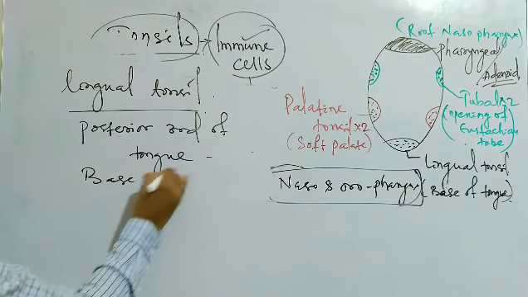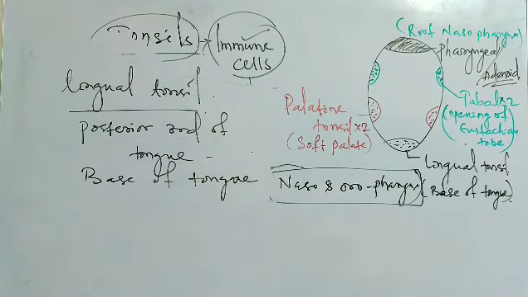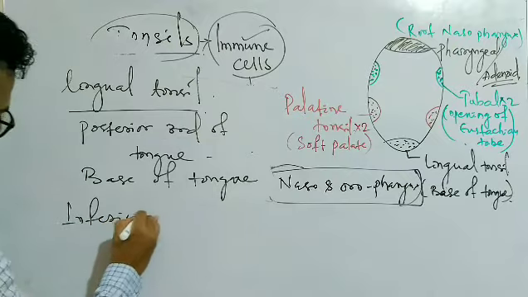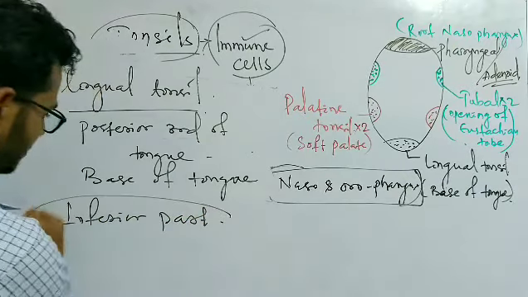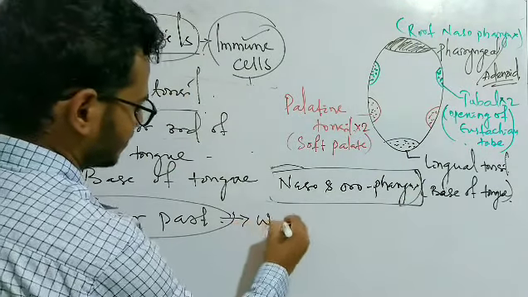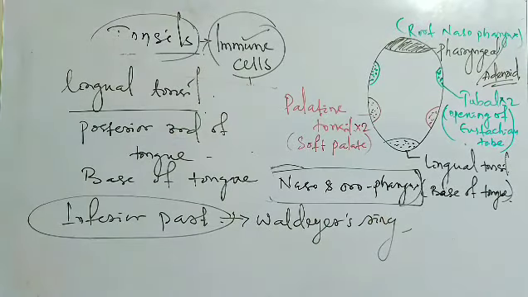It means the base of tongue. So the location is the base of the tongue, or it is the inferior part of the Waldeyer's ring. I can write, inferior part. Means it is present at the lowermost part of the Waldeyer's ring.